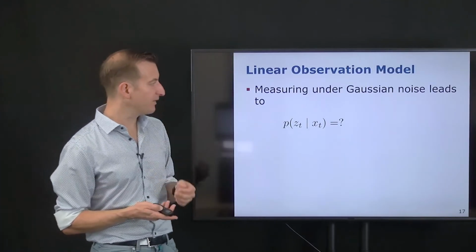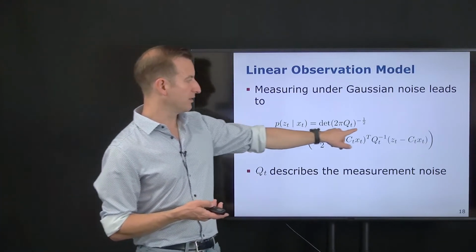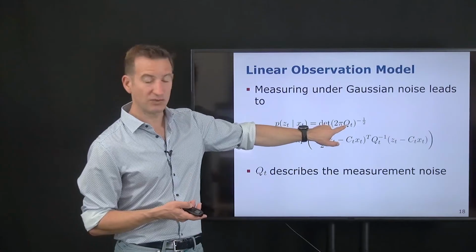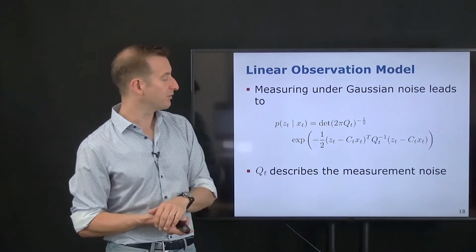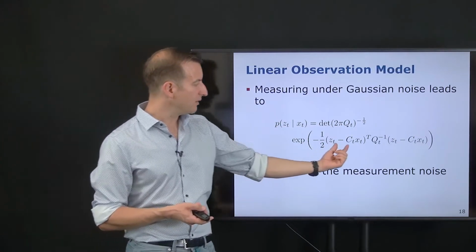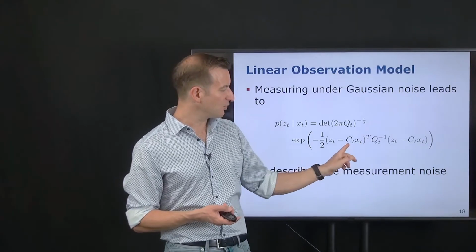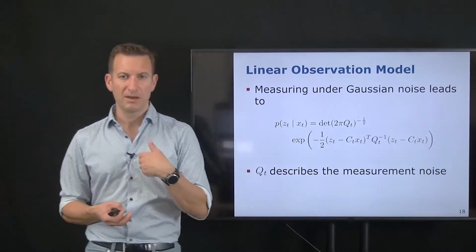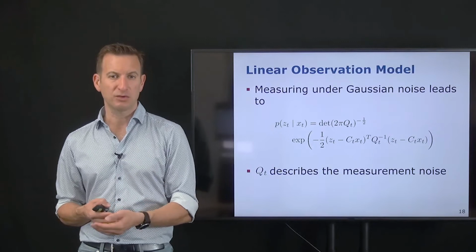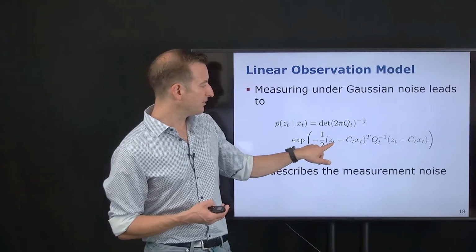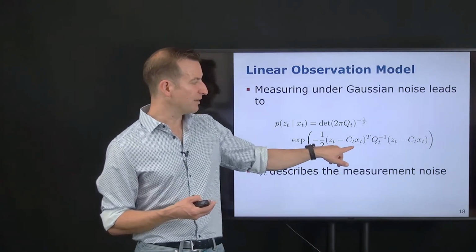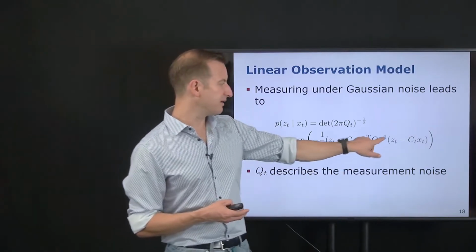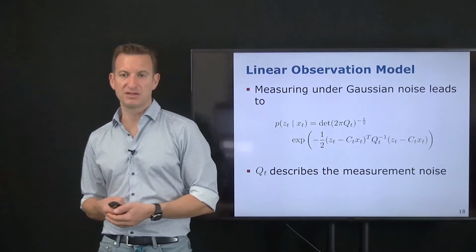Very similar as before, we have our constant factor over here, which now just uses the uncertainty of the observation, not the uncertainty of the control command. And then we have here our negative mean, which is C_t times x_t, so what I'm expecting to observe. And I'm basically computing the difference between what I'm actually observing and what I'm expecting to observe, and then taking the uncertainty of that observation into account.